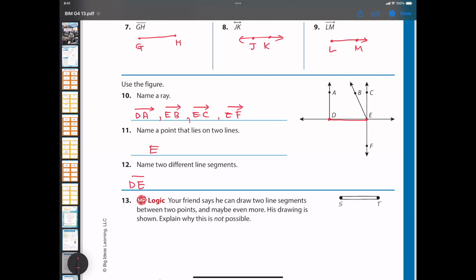Maybe we can say E and F. Only points. So E, F. And it can even be line segment B, E, right here, and then line segment C, E, and A, D as well. You can just pick 2 of them.